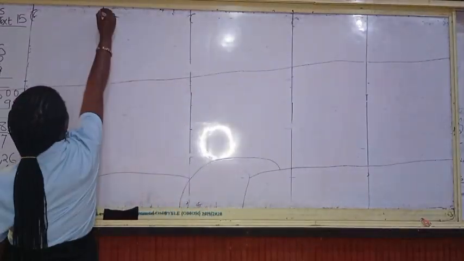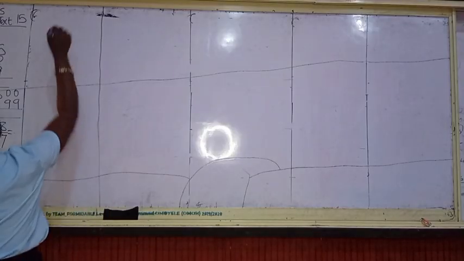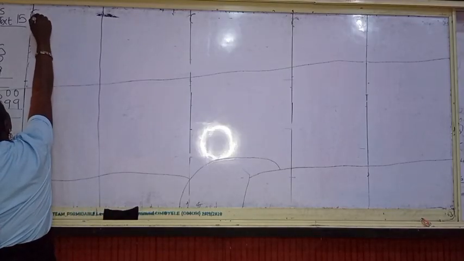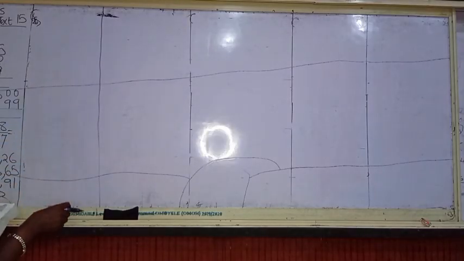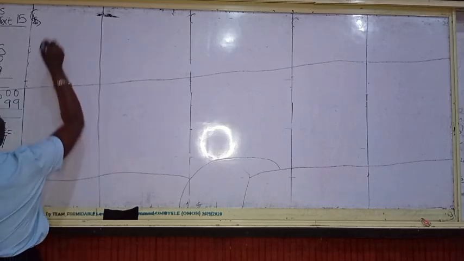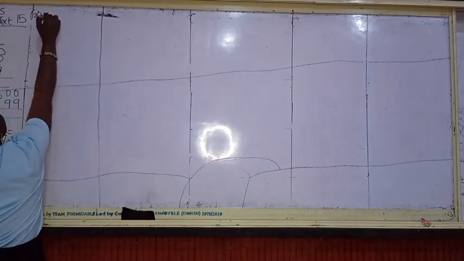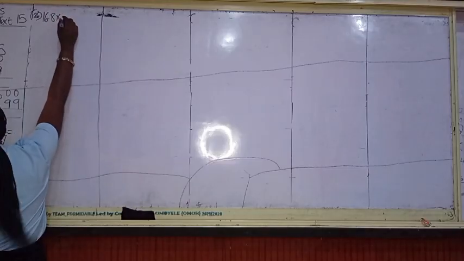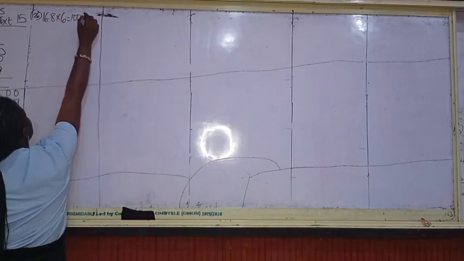So, number 26. The total weight of 6 people is equal to average weight multiplied by the number of pupils. So that will be 16.8 multiplied by 6, and that is 100.8.